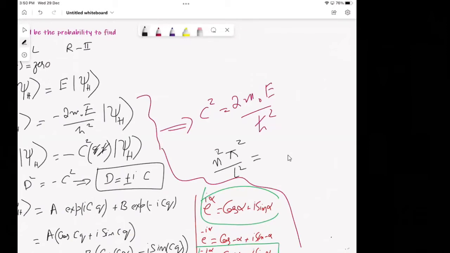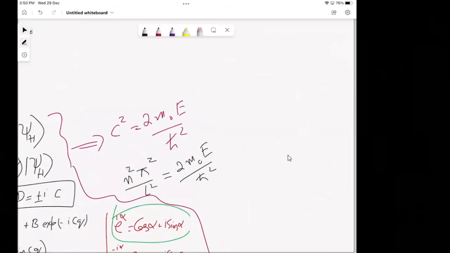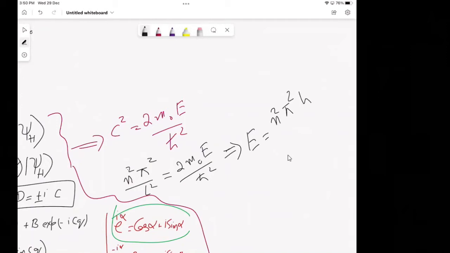And 2 m naught E over h cut square. From here, this implies that E will be equal to n square pi square h cut square over 2 m naught L square.